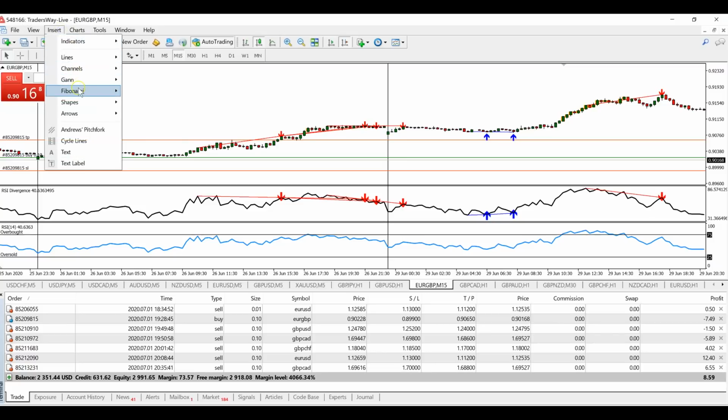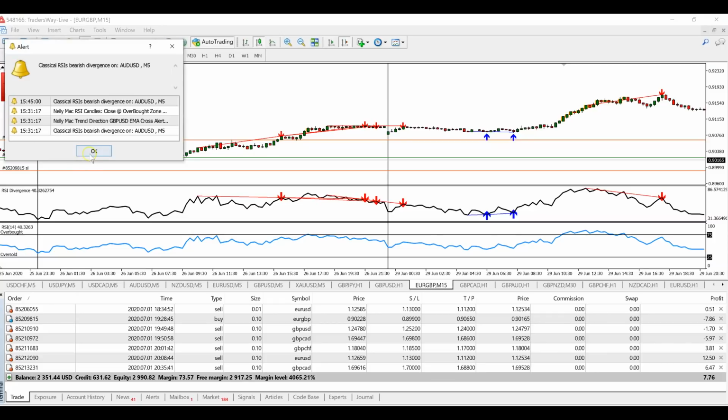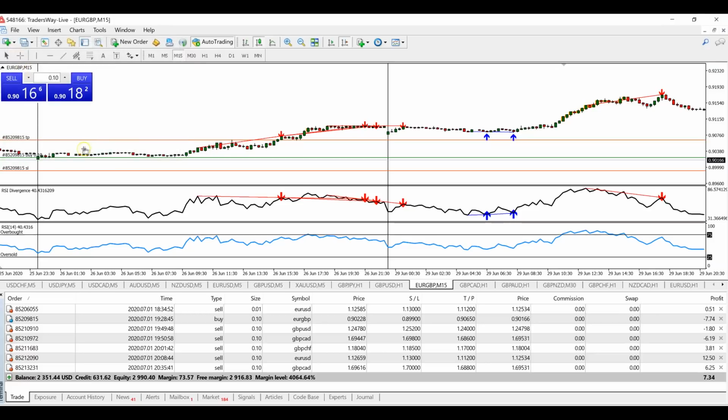We're gonna insert a rectangle, and we're gonna go from the top of this zone right here to about the bottom of this zone, and we're just gonna go all the way over to our current price.